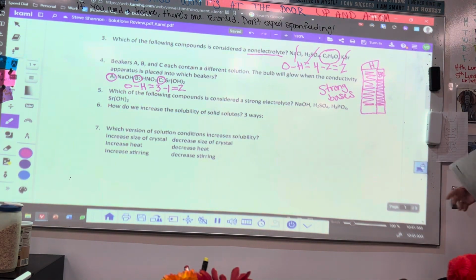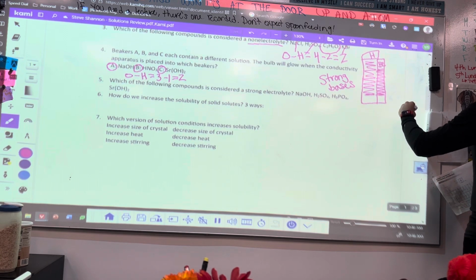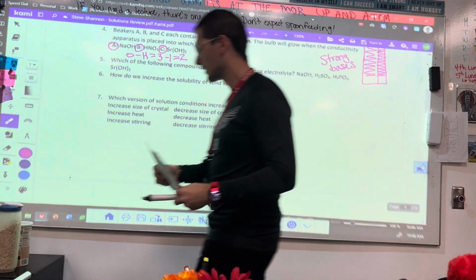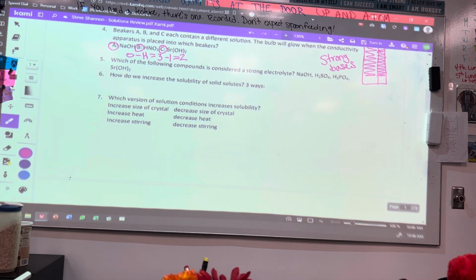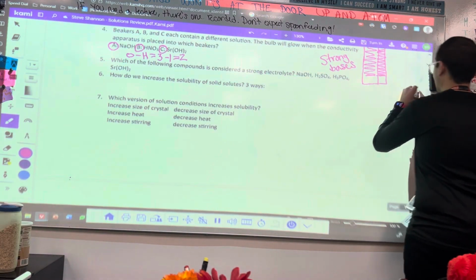Which of the following is considered a strong electrolyte? So number 5, again, we have NaOH, which we just talked about is a strong base.